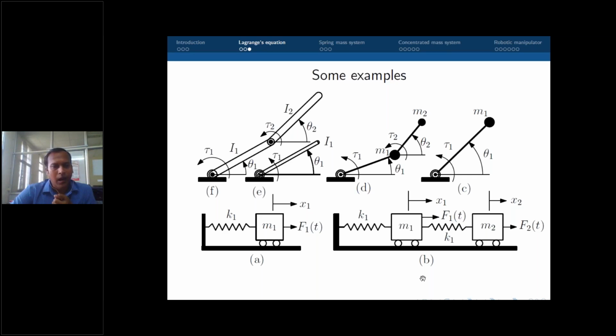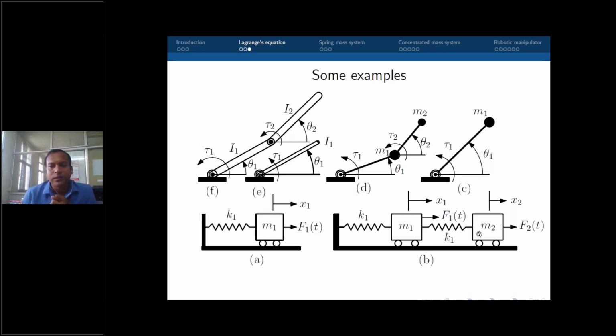There is a mass which can move only in the x direction. It cannot rotate in the plane of motion, and it cannot translate above and below the rigid support. The spring k is a massless spring, and the only inertia here is the mass m1. This is a single degree of freedom system.